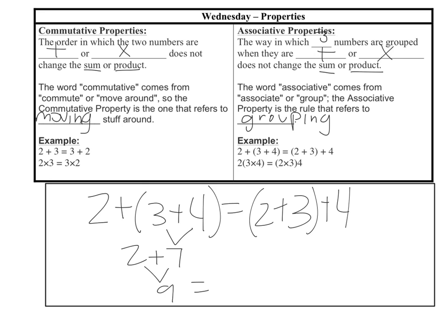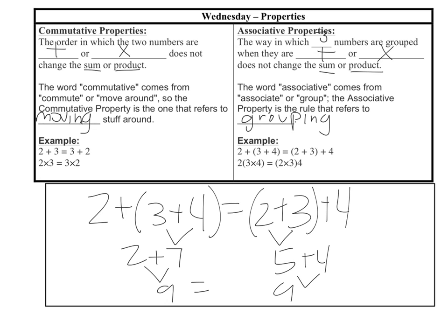So that should be equal to the other side. So parentheses first, 2 plus 3 is 5, plus 4 is 9. 9 equals 9. So in associative property of addition, it doesn't really matter where the grouping is. It can be in any order, and you're going to get the same answer.